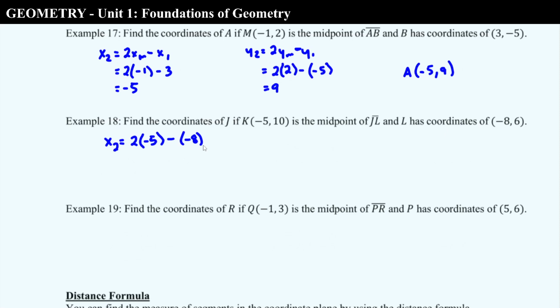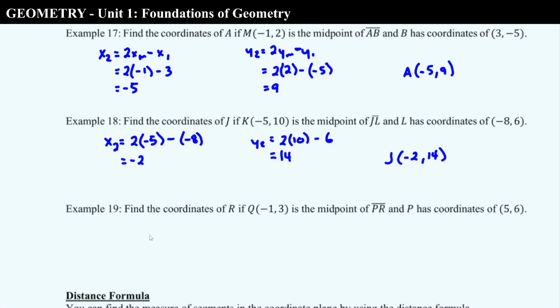So that's -10 plus 8, which gives us -2. For our missing y, we have 2 times 10 minus 6. So that's 20 minus 6, which gives us 14. So our coordinates are 2, 14, and that is for J.